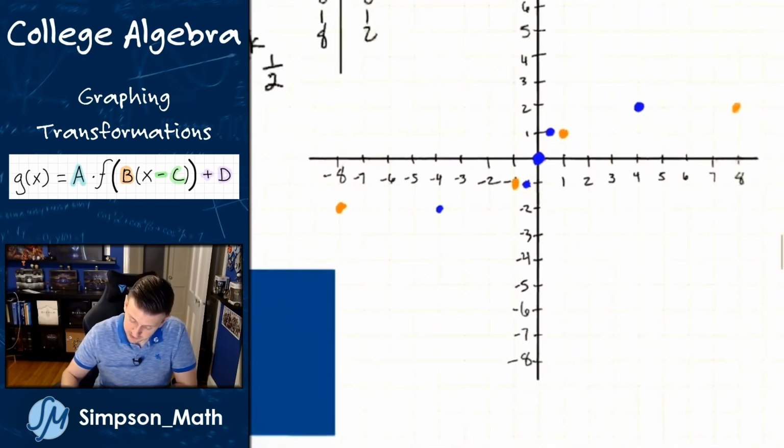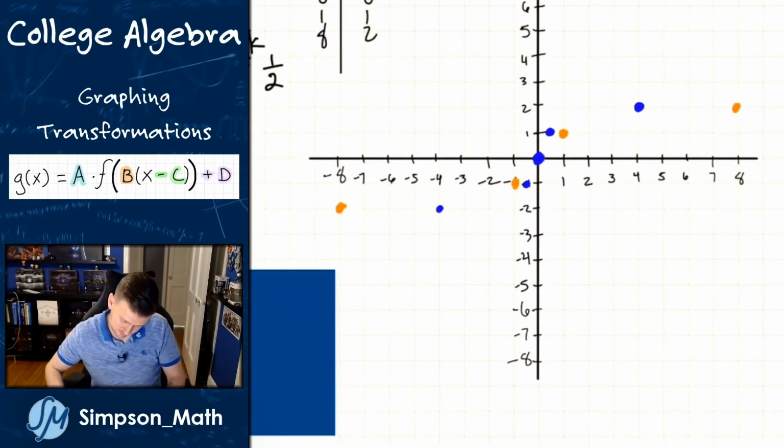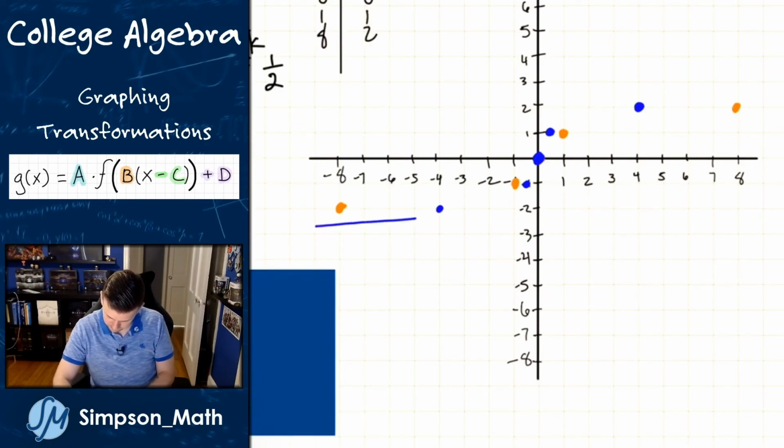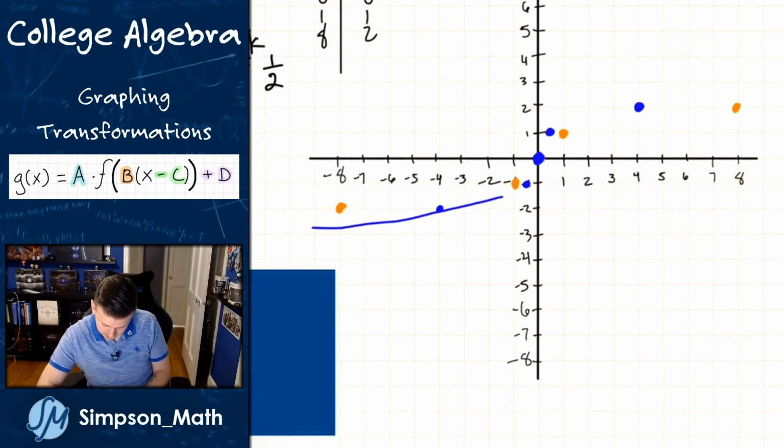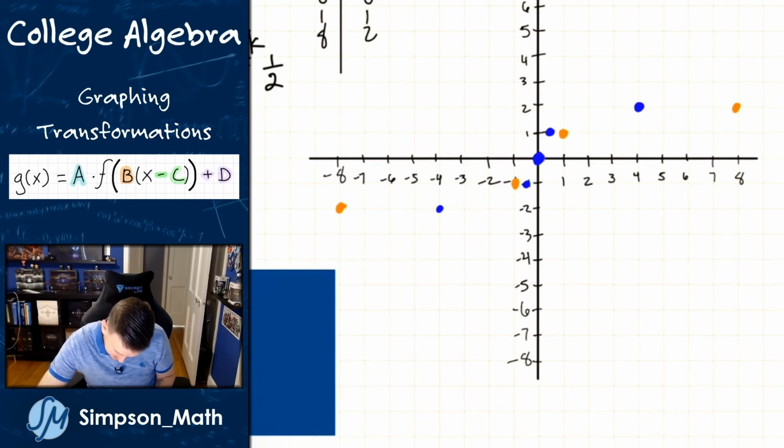So now that I've shrunk it horizontally, I can swoop this. Oops, missed. It's a little bit squattier. I was going a little bit too steep. A little bit smoother if possible. This is ugly. Let me try all this again. Let me just start from the middle. That's sometimes easier.